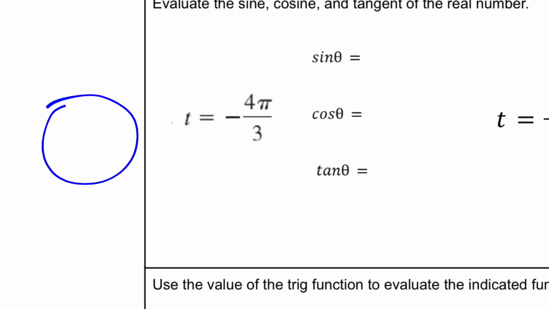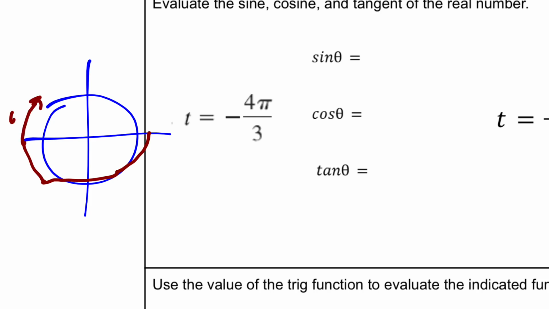So let's think about where on the unit circle negative 4 pi over 3 is. First of all, we're heading this direction, and we have pi over 3, 2 pi over 3, 3 pi over 3, and then the next one would be right over here. So it's like an extra 60 degrees this way, in addition to the 180.